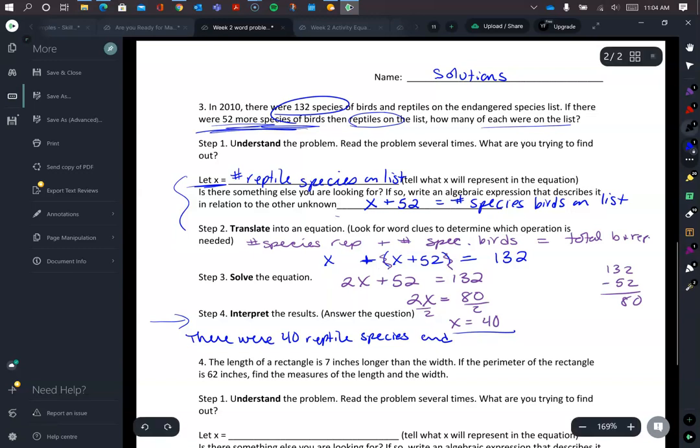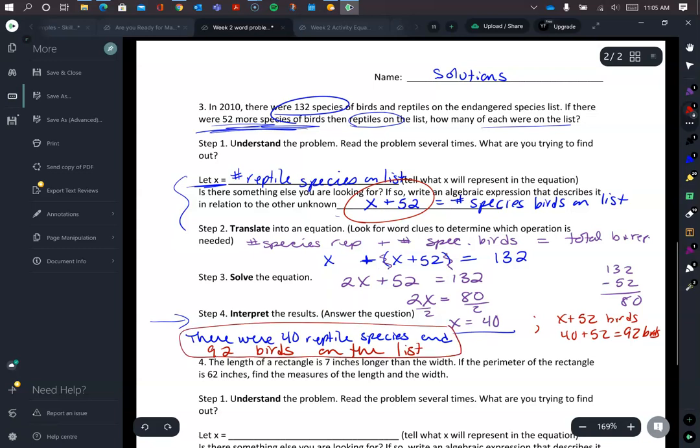So birds is up here. X plus 52 is the birds. So that would be 40 plus 52 equals 92 birds. Okay, so we need to add that in here, and 92 birds on the list. So that's my complete answer here in a sentence.